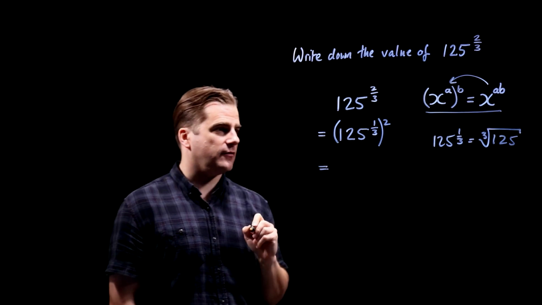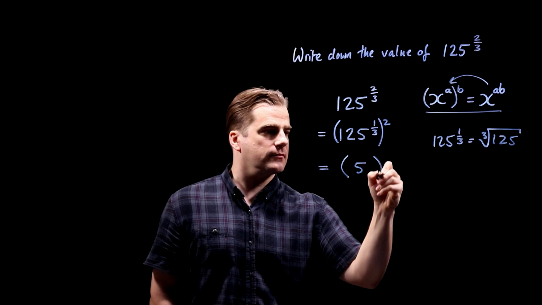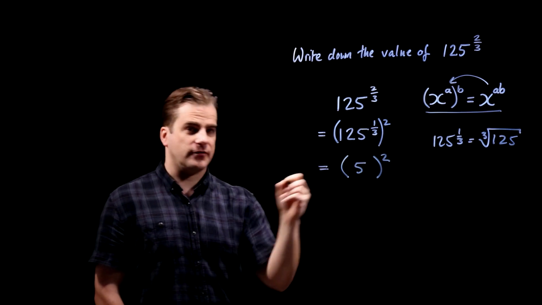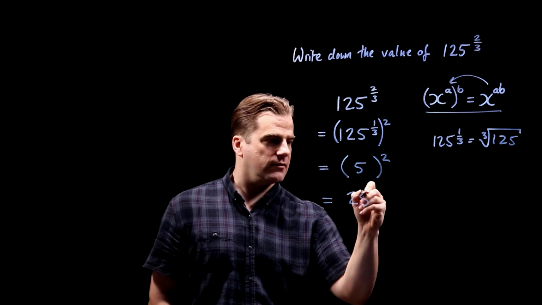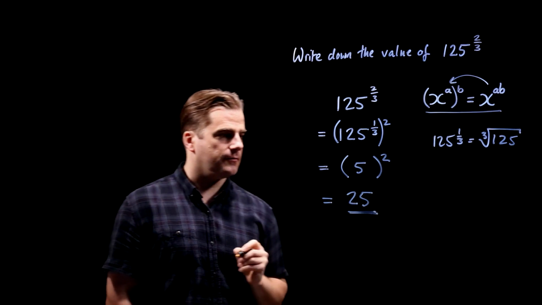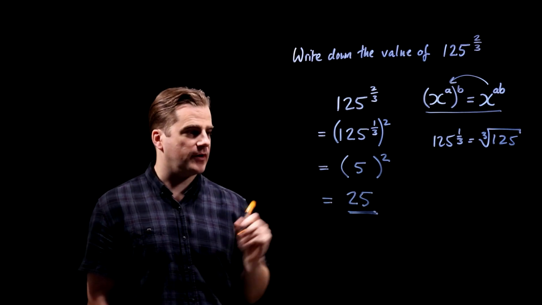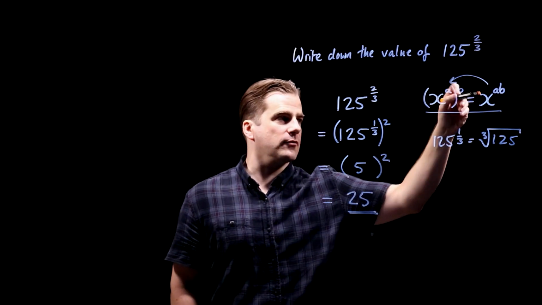So 125 cubed root is 5. So that equals that. And 5 squared is 5 times 5, which is just 25. So that's the answer. 125 to the power of 2/3 is 25, using the power rule.